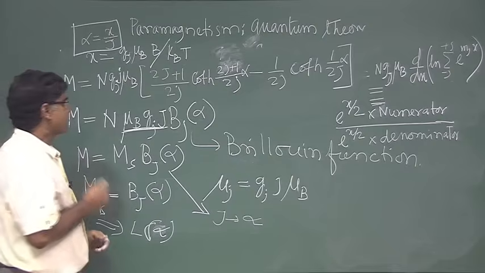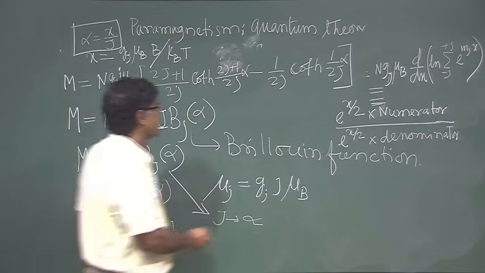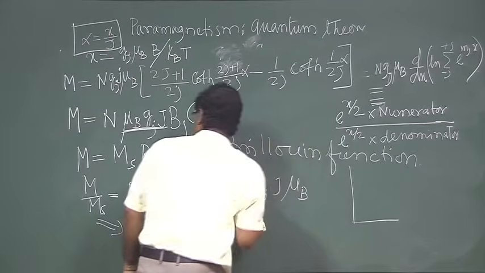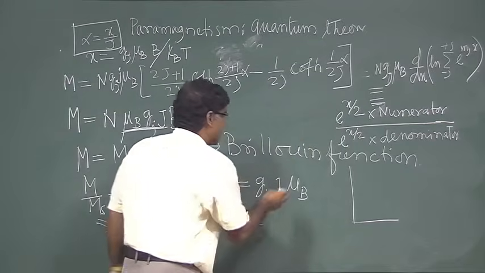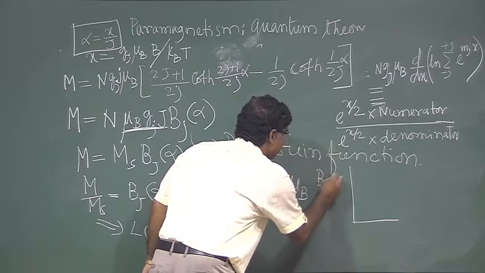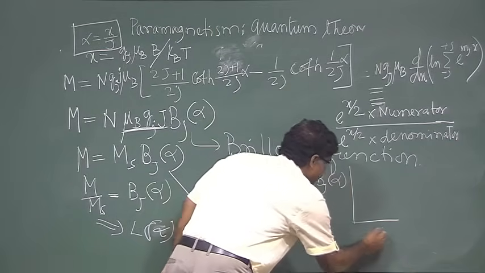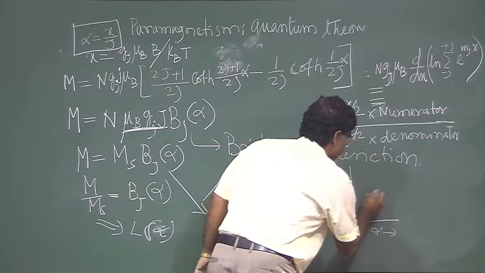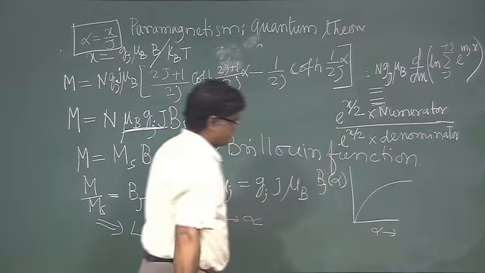Okay. So, the Brillouin function, not the Langevin function, which I have shown you, varies as a function of alpha like this.